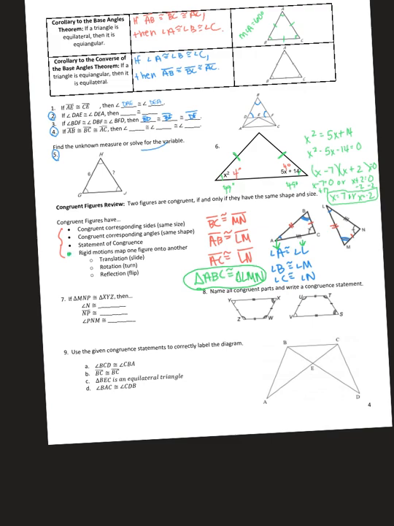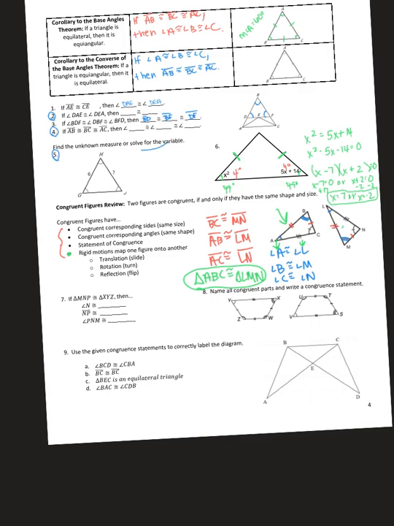Okay, and they map one figure onto another, either through a series of movements called translations, rotations, or reflections. And all that means is we're going to take this triangle ABC and we're going to slide it over and rotate it or reflect it so that it sits exactly on the other triangle. Okay, so those are called rigid motions.